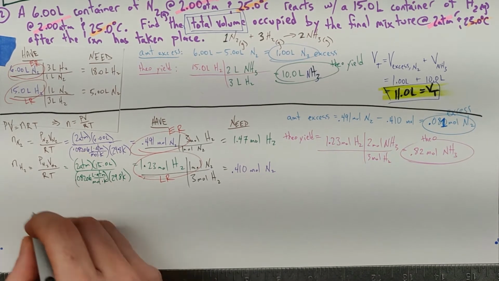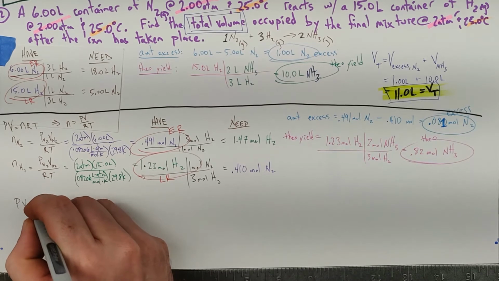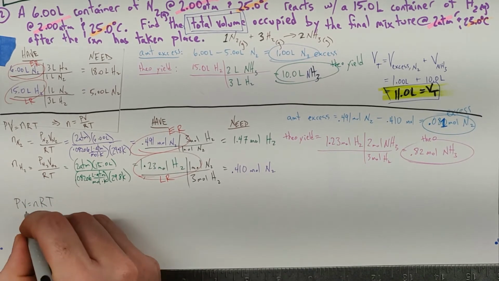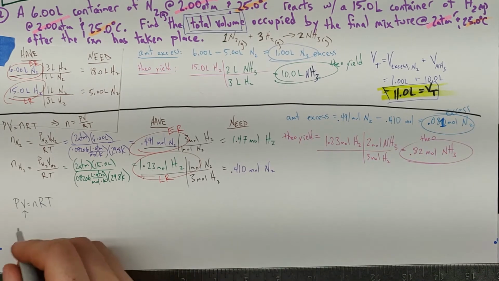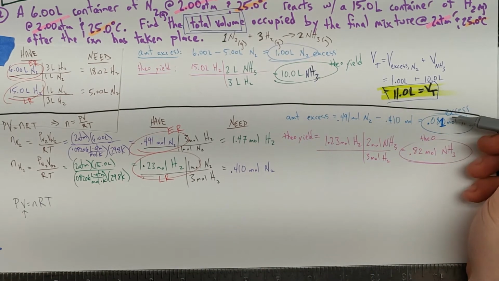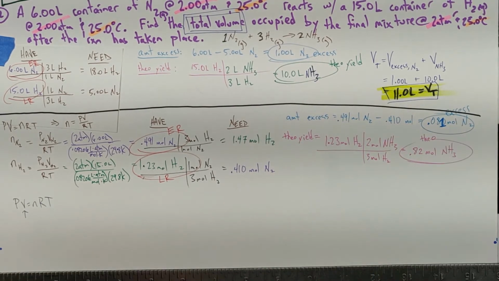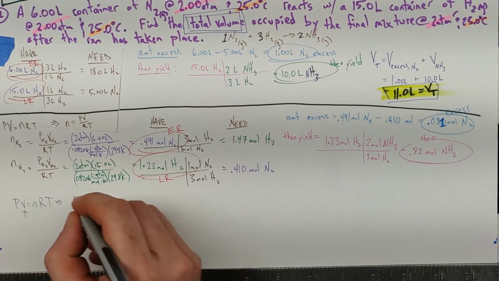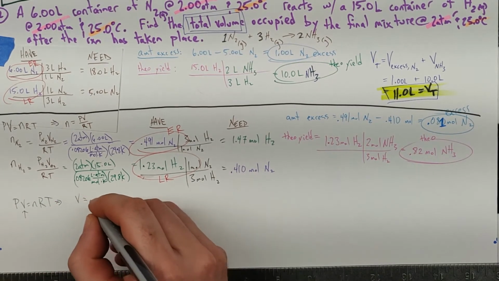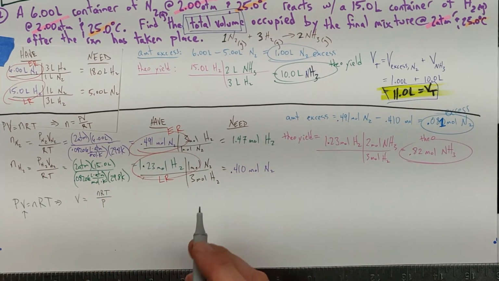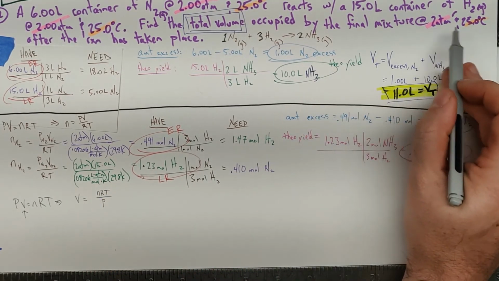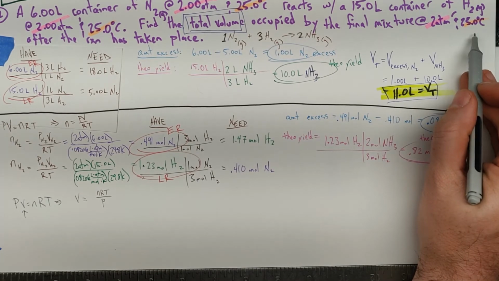In fact, if PV equals nRT, we want to know our volumes now, right? Based on the assumption that these are ideal gases, and I'll show this at the end. You could just add those together, but we'll pretend I didn't know that. We know that the volume is supposed to be nRT over P. And we said in the end it's going to be 2 atmospheres and 25 degrees Celsius still.